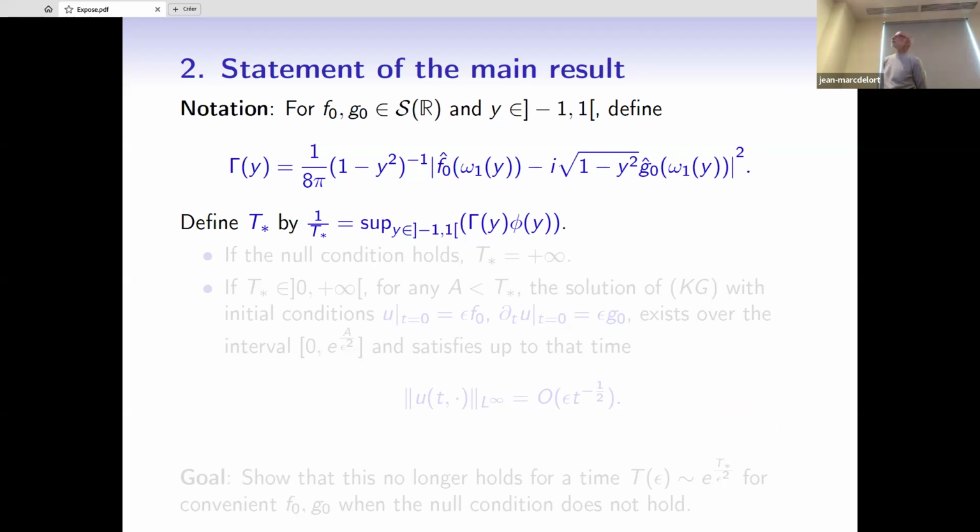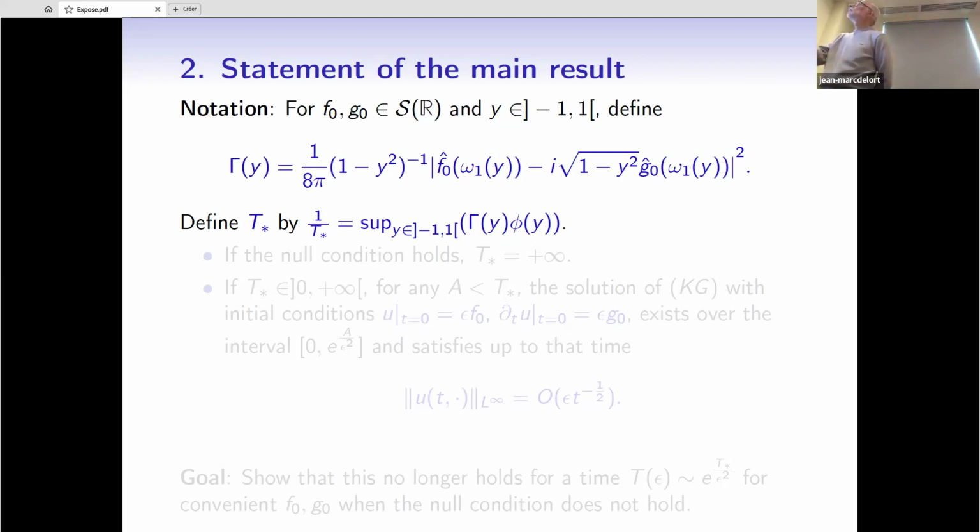So before stating the theorem, I need to introduce some notation. Let me take, first of all, some functions f0, g0 in S1. So these functions will be the initial conditions for our problem.